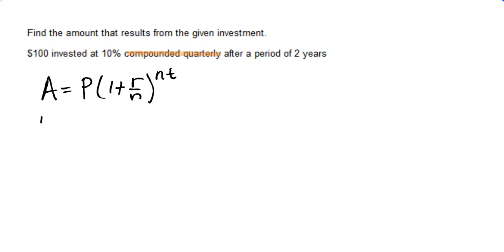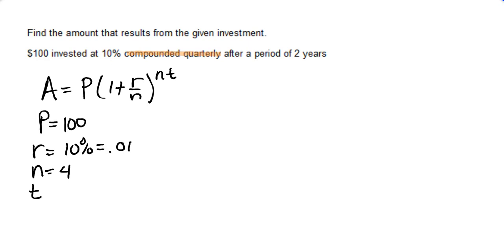So for this example, the principal is $100. We're investing $100 at an interest rate of 10%. We're going to write that 10% in decimal form. We're going to be compounding quarterly, so that means 4 times a year. So n is 4 for a period of 2 years.